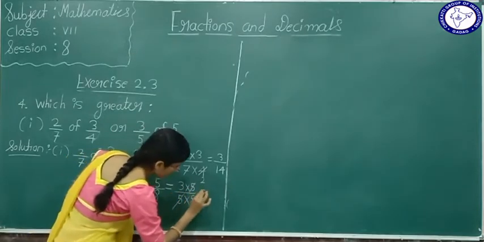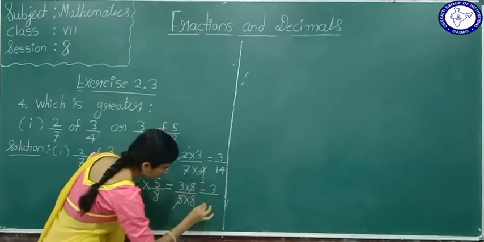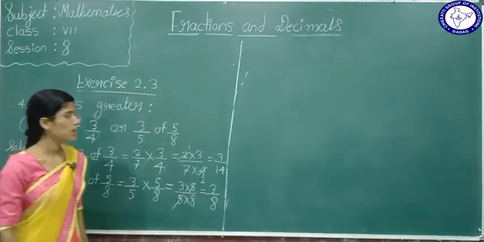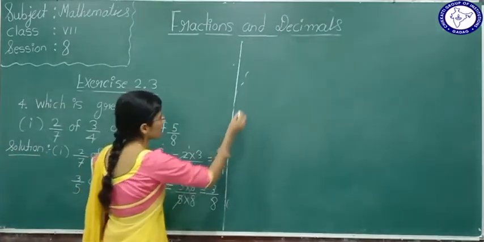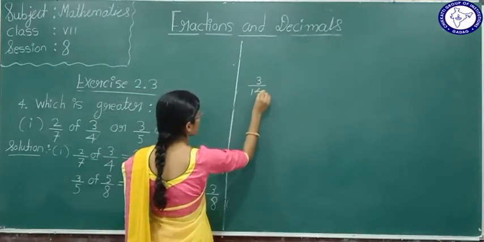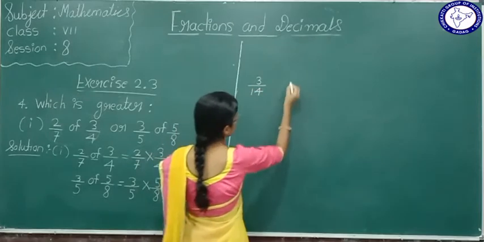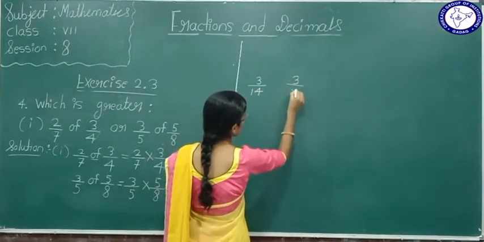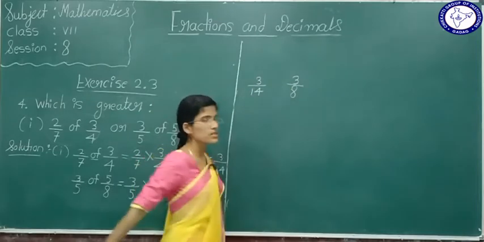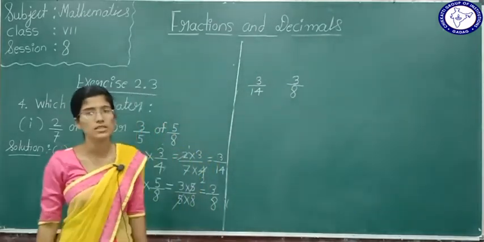Here it will remain 3 by 8. Okay. Now see here. Now we got the first product is 3 by 14 and the second product we got 3 by 8. Now see here the numerators are same. Yes. Here the numerators are same.